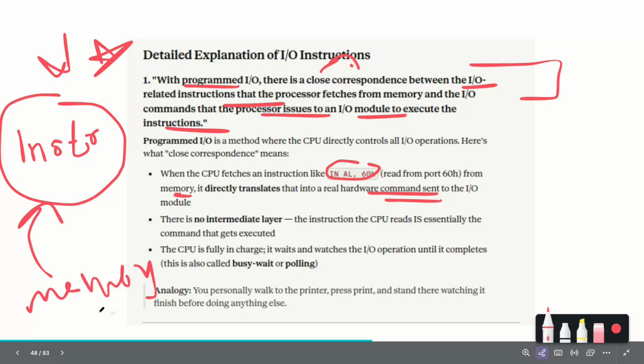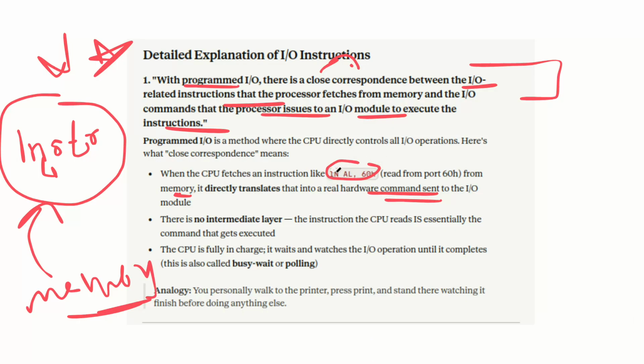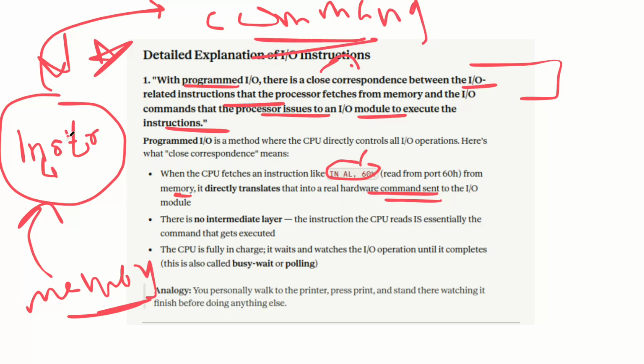The CPU is fetching this instruction. One example of the instruction is given: read from port 60H. Okay, that is what this instruction means. This instruction is directly converted into a command, a hardware command. So this instruction and the command that you are sending to the IO to get executed are closely correspondent. It's kind of the same.